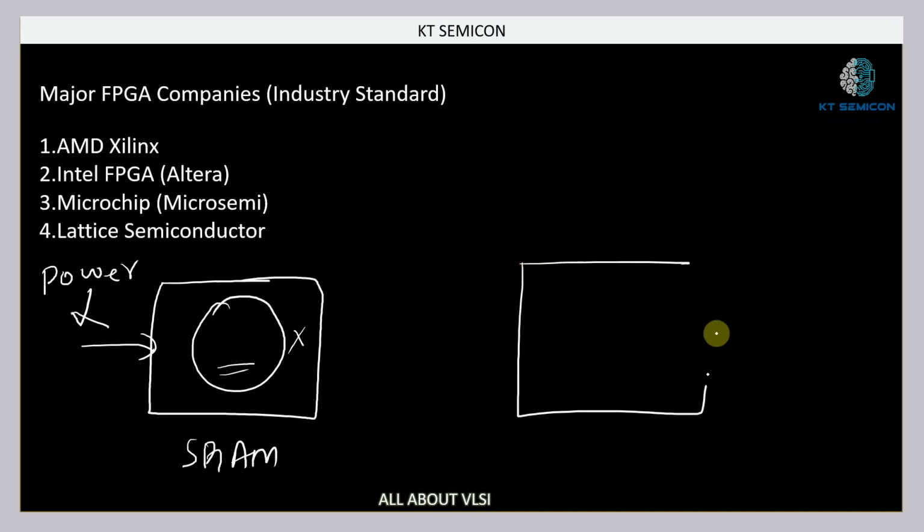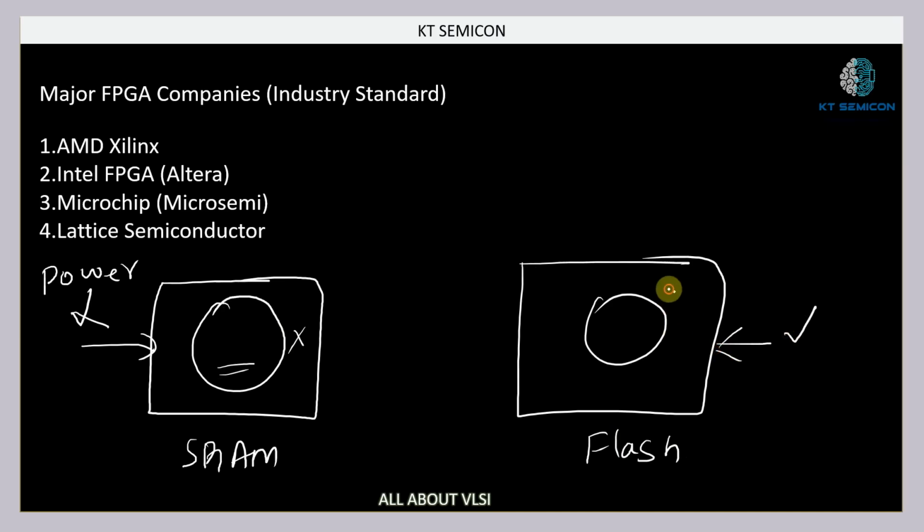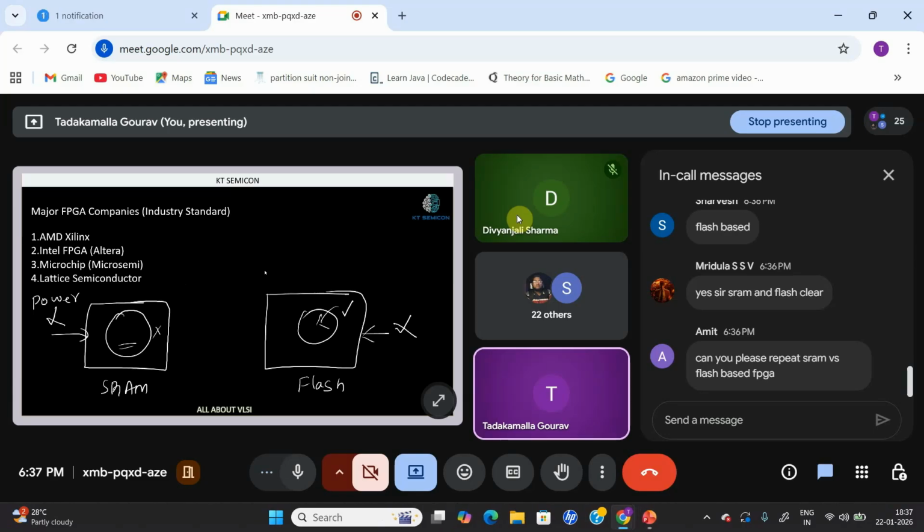Whereas in the case of flash based FPGAs, if you have stored configuration data into the FPGA and you remove the power, this configuration data will not be removed. It will stay, and when you repower it, the old configuration file stored inside the FPGA will be used. Is it clear, Amit?